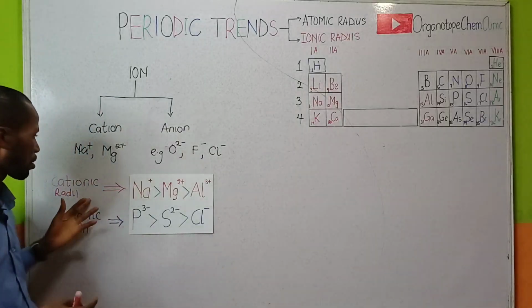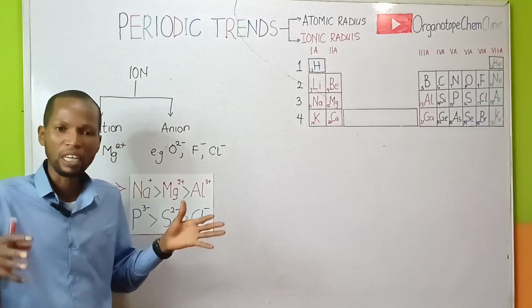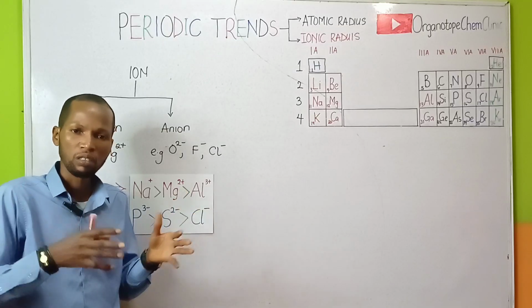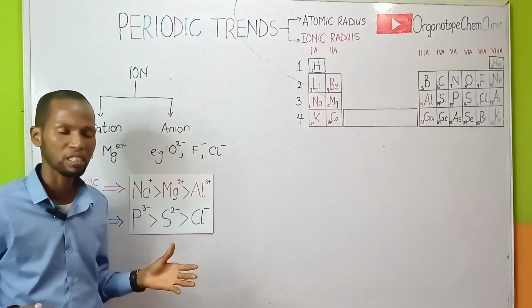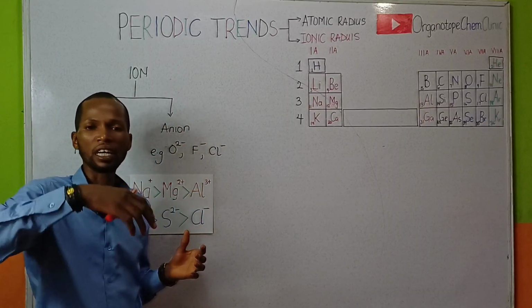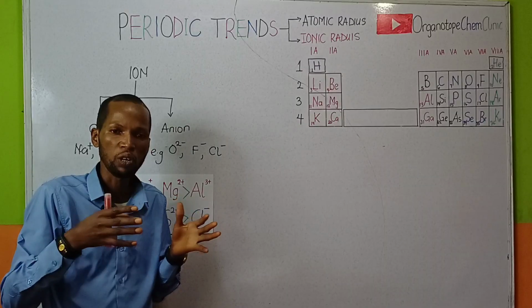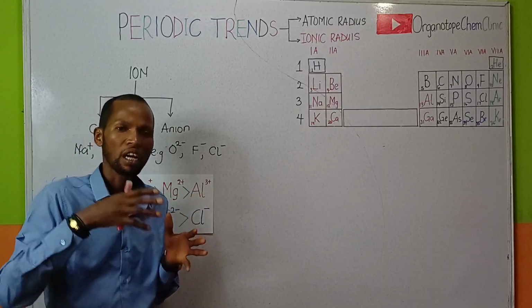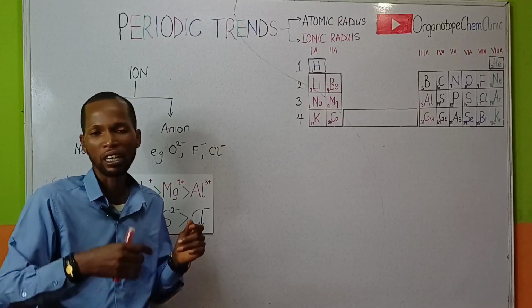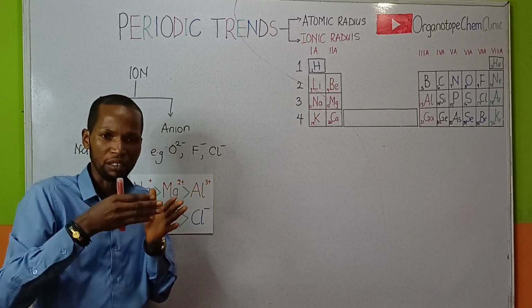Note that for the cationic radius, when an element loses electrons, the atomic shell reduces. Then, if the shell number decreases, the force of attraction between the outermost electron and the innermost nucleus tends to increase, thereby causing the electron cloud to shrink. And when the electron cloud shrinks, the distance between the nucleus and the outermost electron decreases.